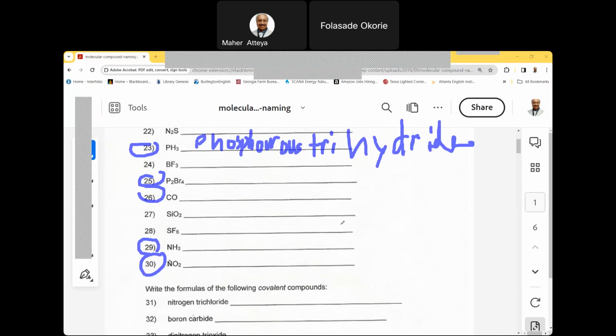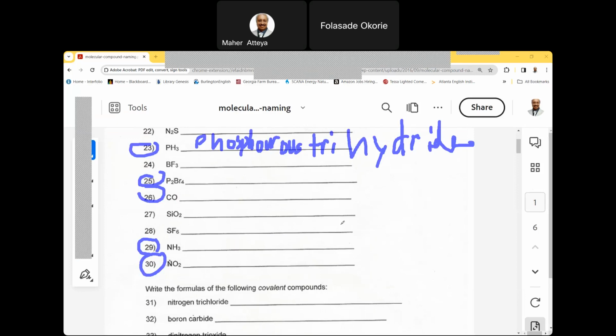Is that cobalt? That's not cobalt. The elements always have the first letter capital and the second letter small. Oh, this is capital C and capital O, right?